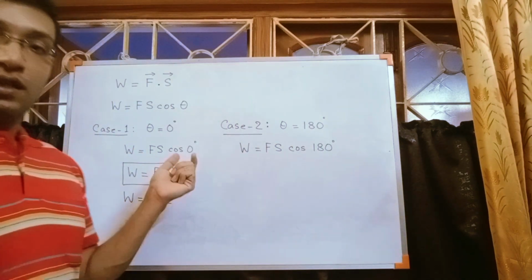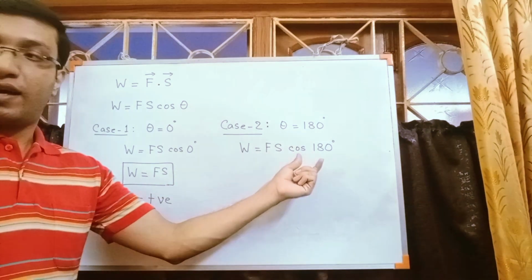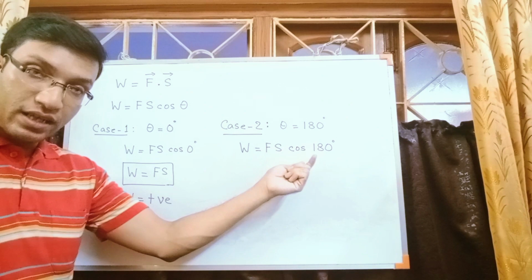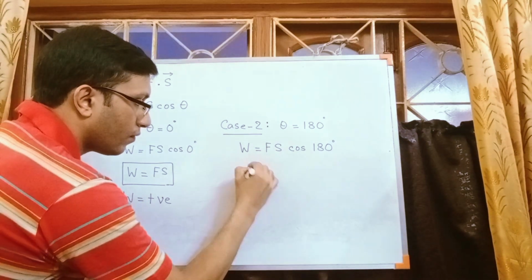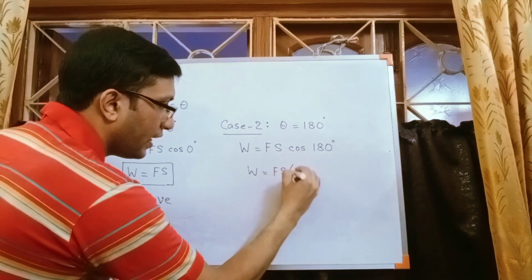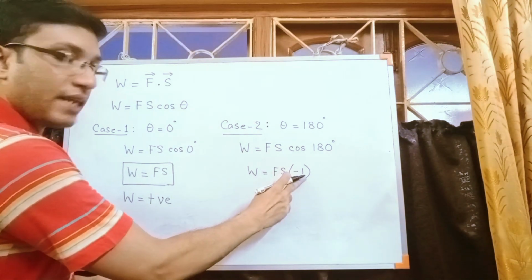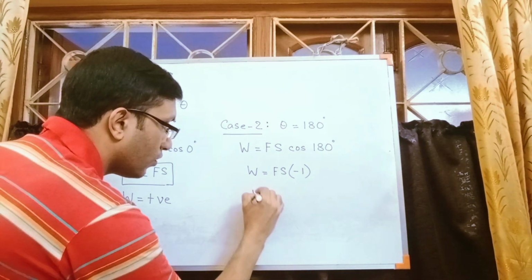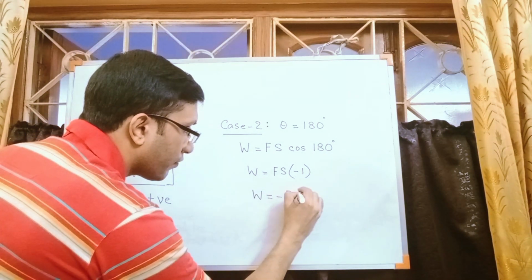Now, just like the value of cos 0 is 1, similarly the value of cos 180 is negative 1, that is minus 1. So in this case, work done will be Fs into minus 1, right? So if we multiply this negative sign, we get work done as minus Fs.